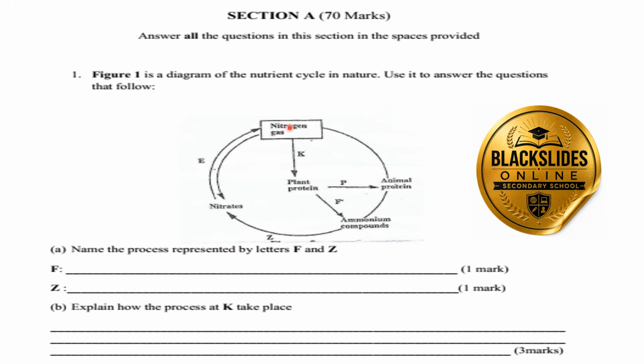but it can also be fixed. The nitrogen gas can also get into the soil by the action of lightning during storms.